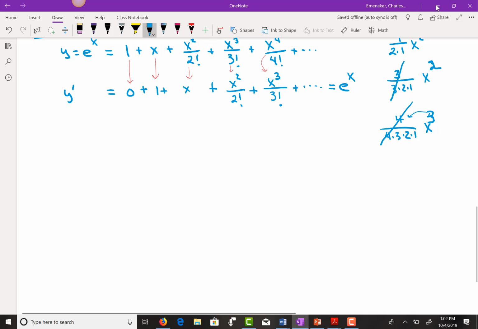Is everybody good with that? Not too horrible? With a little work, it'll get there. It's really pretty cool once you get comfortable with it. It's a pretty slick move, and it's one of the easier proofs we're going to do all year. So that's about as easy as it gets.